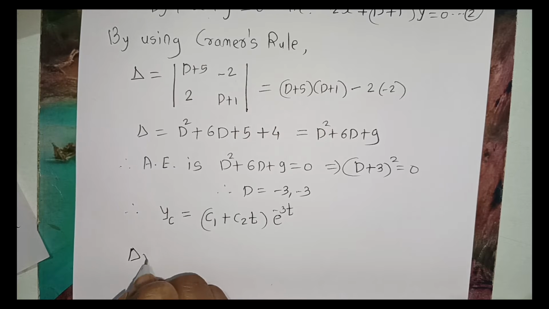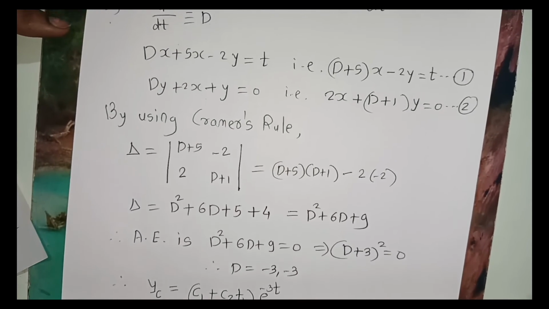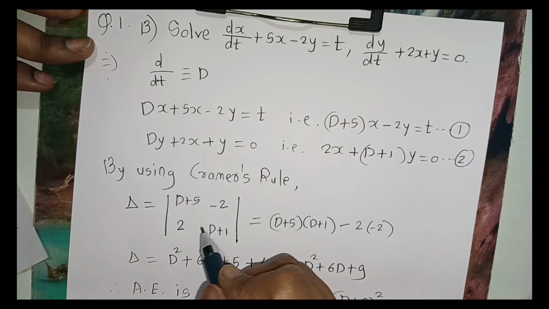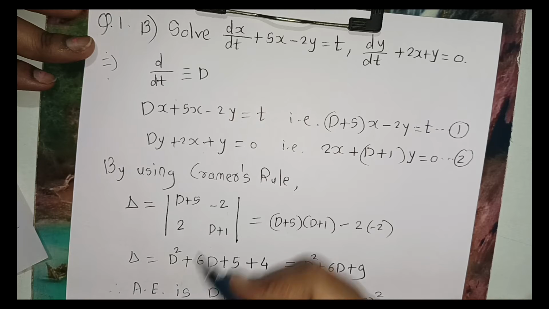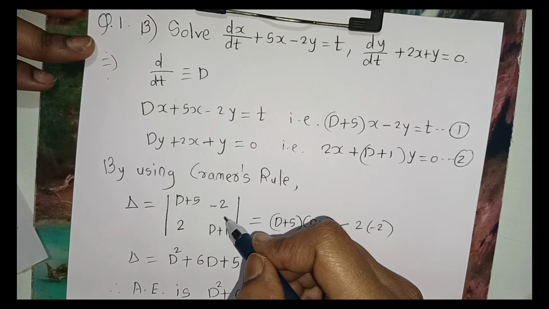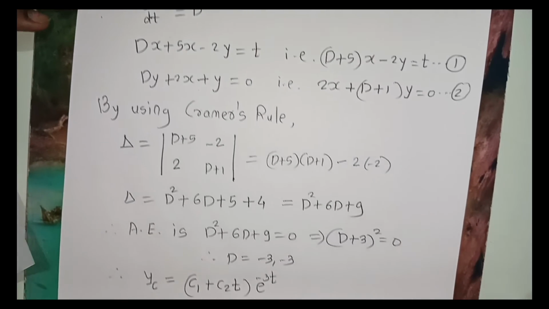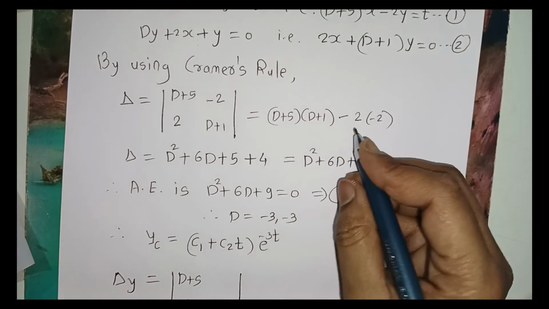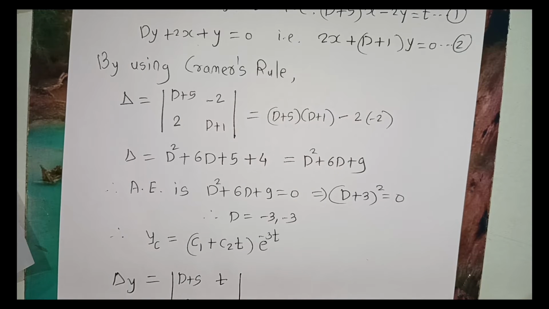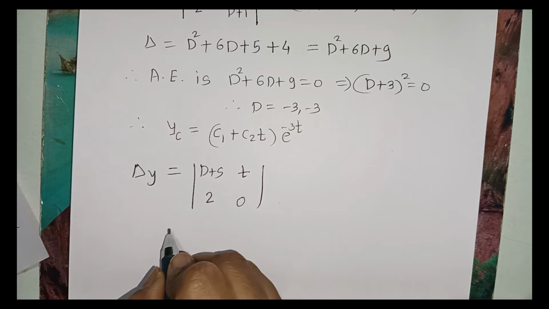To find yp, we are going to take del y. Del y is the determinant of, in this del you have to change the second column as you are finding del y. So change the column corresponding to y, change the coefficients of y by the right hand side. Coefficients of x will be as it is, D plus 5, 2, and the right hand side in this case is t, 0.